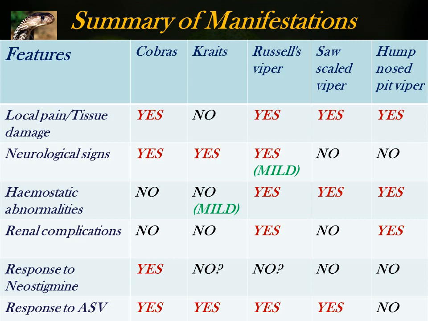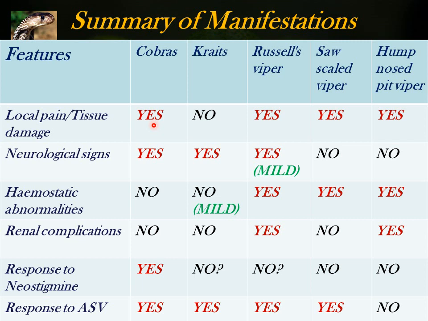Okay, let us start with the first one. The first one is under the column of cobras. You just see here that for the local pain and the tissue damage, as far as the cobra is concerned, it is written yes. As we have already told, these are mostly the features of the viperine bite, but in case of cobra, you can get features of tissue damage like the blister formation, the swelling, etc.